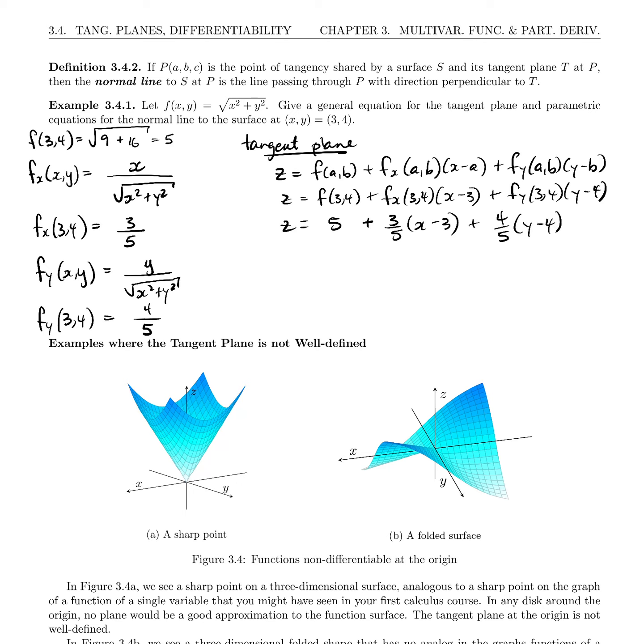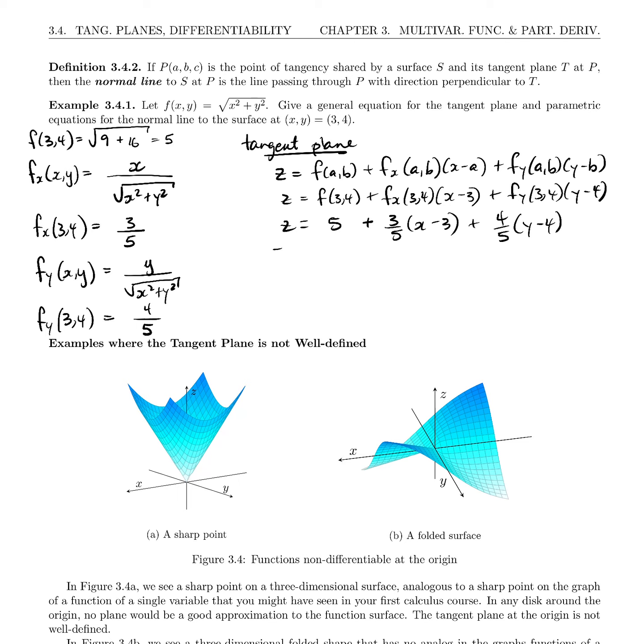And we would be done, except that we are asked for the equation as a general equation, and so we must bring the variables all to one side and the constants all to the other, so I'm going to multiply everything up by 5.